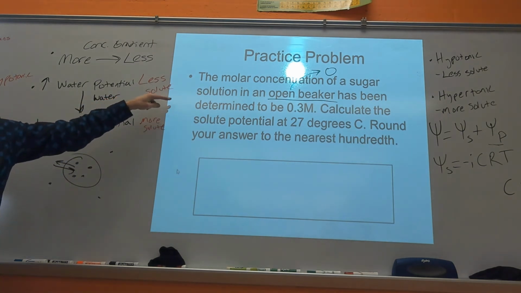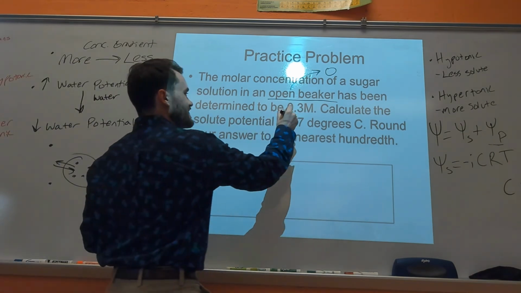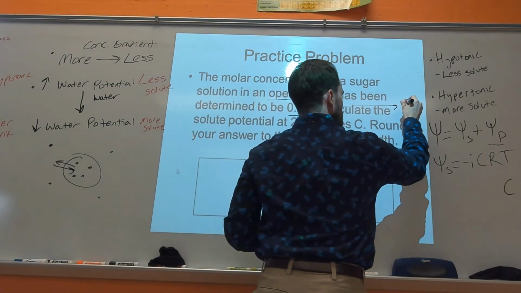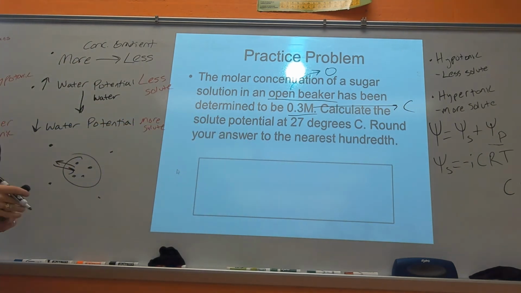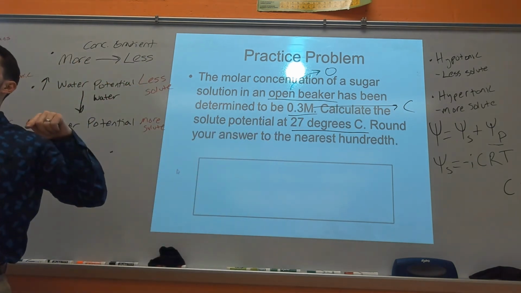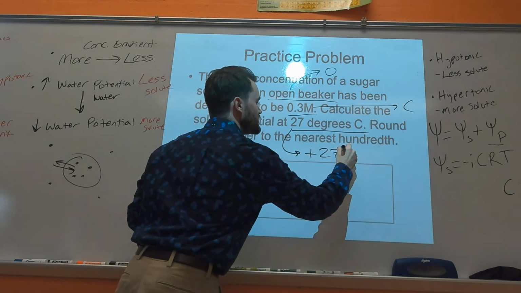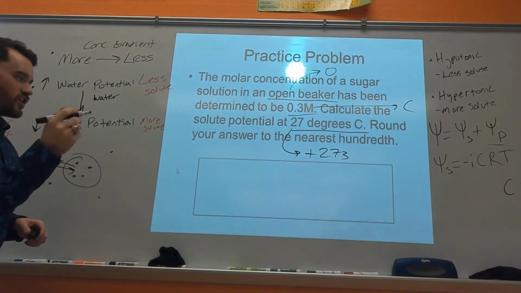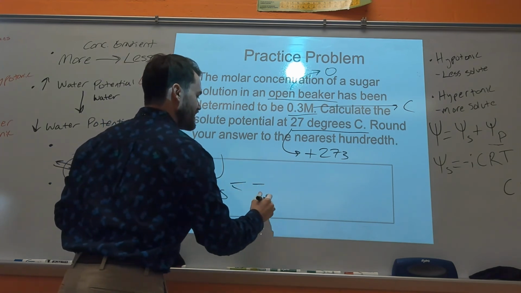Okay? All right, so I'm telling you molar concentration is 0.3 molar. That's my C, the C in the solute potential calculation. And then we're at 27 degrees Celsius. You have to get that into Kelvin. How would you get that into Kelvin? Yeah, add 273. So my solute potential would be negative i.